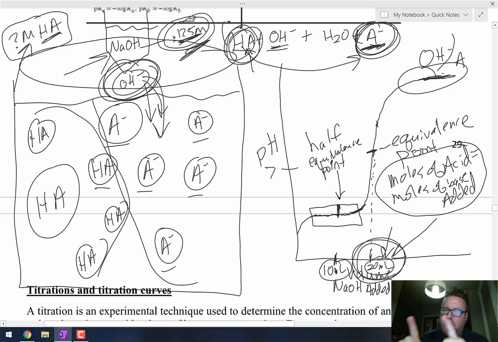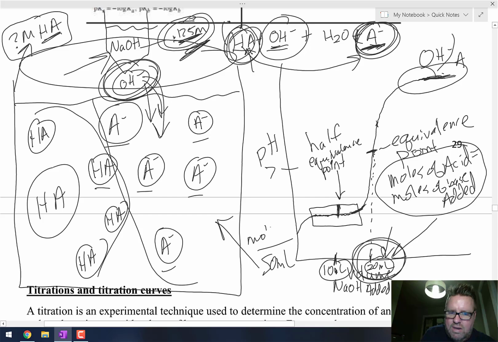Then you know that those moles equal the moles of the acid, as long as there's a 1-to-1 ratio in this balanced equation. And then, what volume of acid did you start with? Let's say you started with 50 milliliters of the acid. Then you would take the moles of the acid and put that over the volume, and you would get the concentration of the acid.